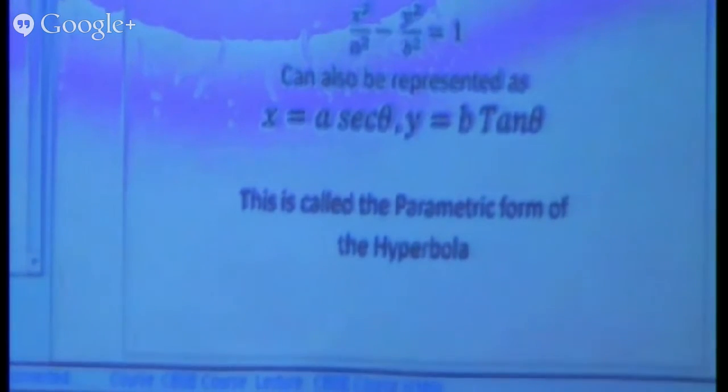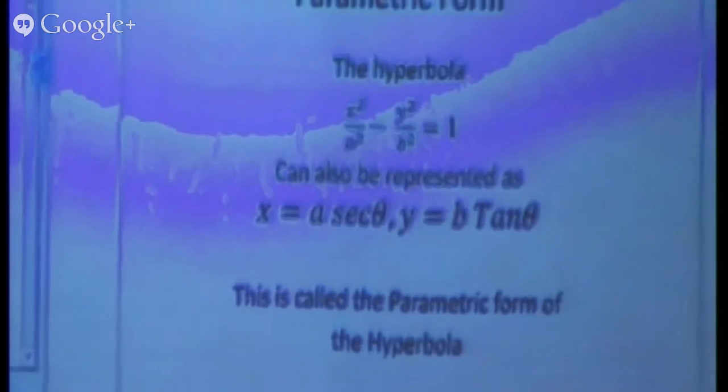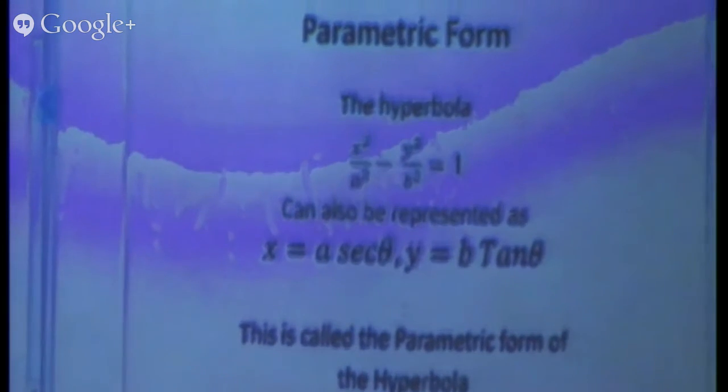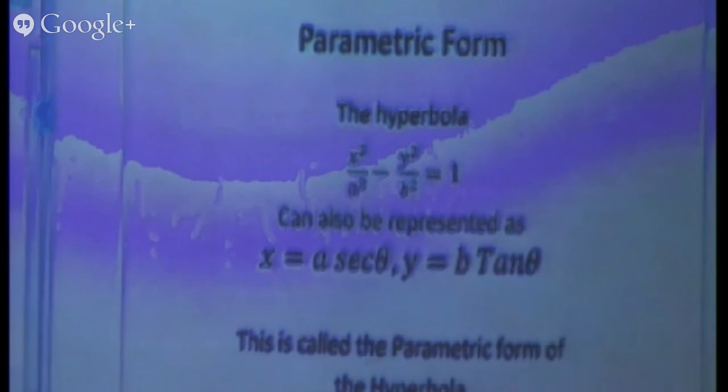You are familiar with the parametric form? Actually, there are a number of systems through which we can locate the position of a point. When we are writing the equation of a curve in terms of x and y, we call them Cartesian coordinates.